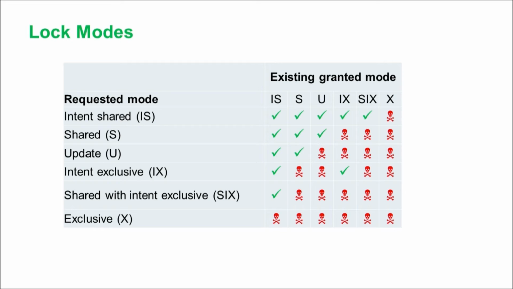The first user tries to update, and if nothing happens, so if the resource is shared, the user gets the update lock granted and is allowed to change a record, to change the address of a customer record. Now if a second user tries to change this customer at the same time, it will also ask for an update lock, and SQL Server will look up: sorry, we already have an update lock here.